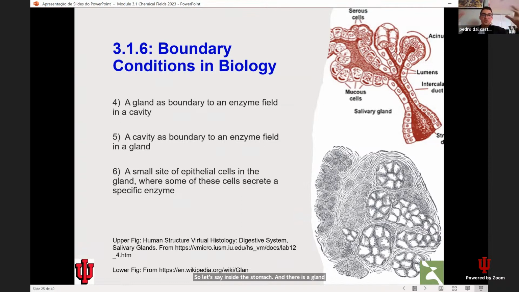It is producing an enzyme, and it secretes the enzyme inside the cavity. So you are modeling the cavity. The cavity is your system, and the boundary is this gland. And the enzyme is the field. Which boundary would you choose?